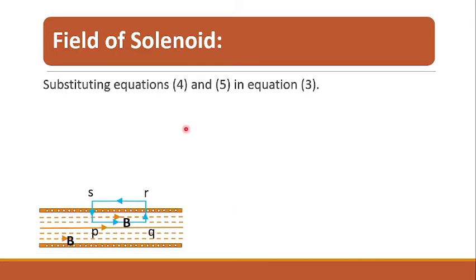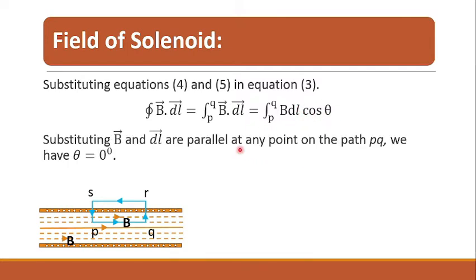So substituting equations 4 and 5 in equation 3, we get the closed integral of B vector dot dl vector equal to the integral from P to Q of B vector dot dl, which is equal to the integral from P to Q of B dl cos theta. Since B vector and dl vector are parallel at any point on the path PQ, we have theta equal to 0 degrees, right?